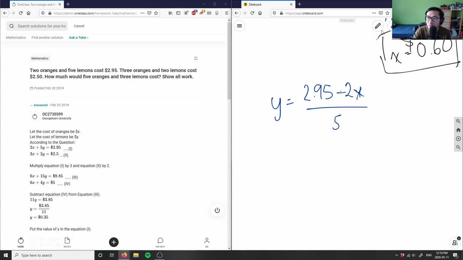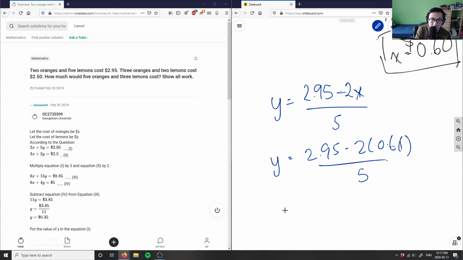And then I'm going to substitute this x value into this equation to solve for y. So y equals 2.95 minus 2 times 0.60 all over 5. This is kind of messy here. So I have 2.95 minus $1.20 all over 5.